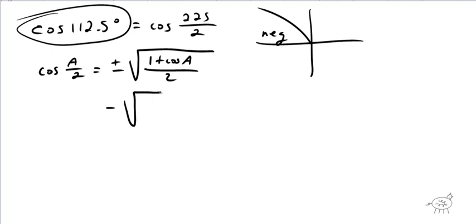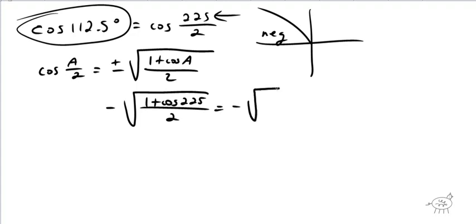Square root of 1 plus cosine. And remember, that top number is your a. Okay, it's a single angle. All single angles. Okay, so 1 plus cosine of 225 over 2. Now, the rest of it's a little bit of trig and really a lot of algebra simplified. So it's negative square root of 1 plus cosine of 225.